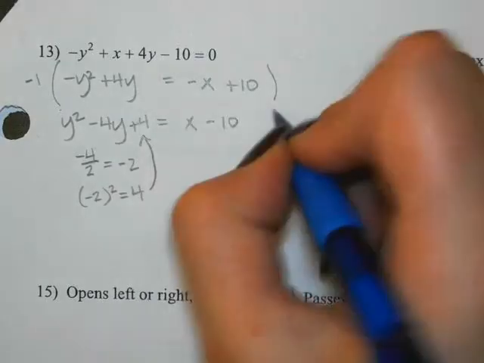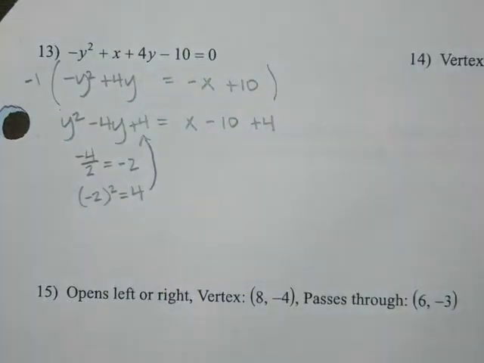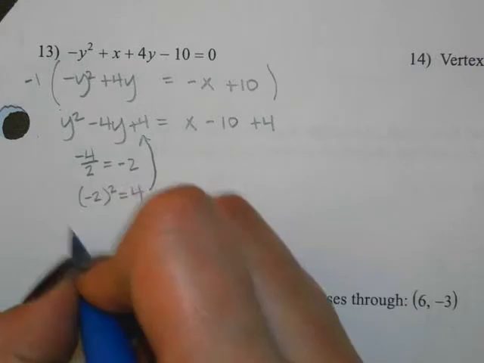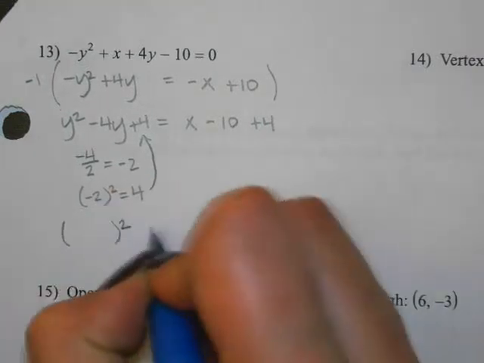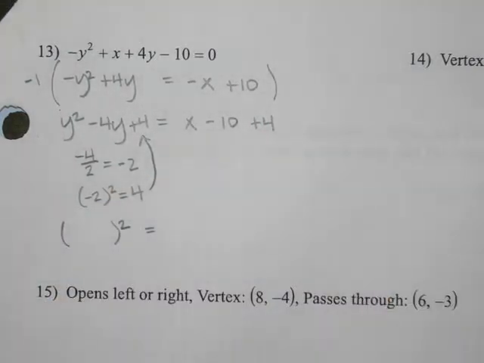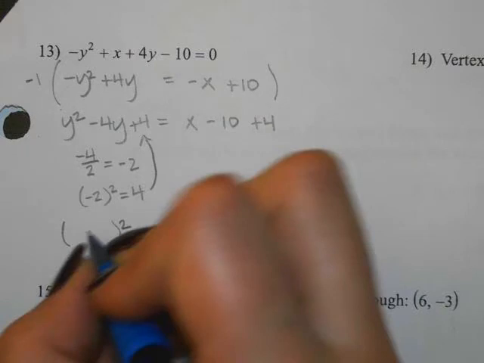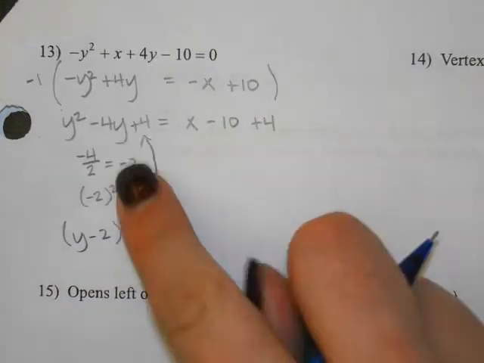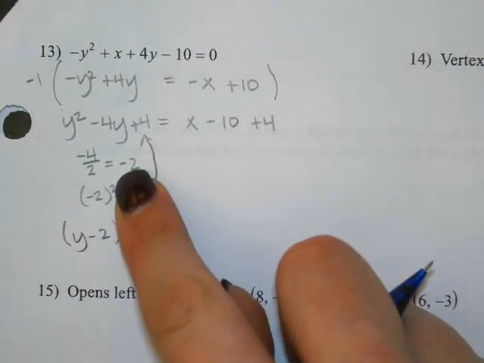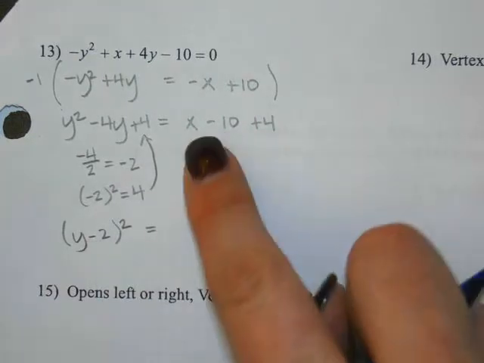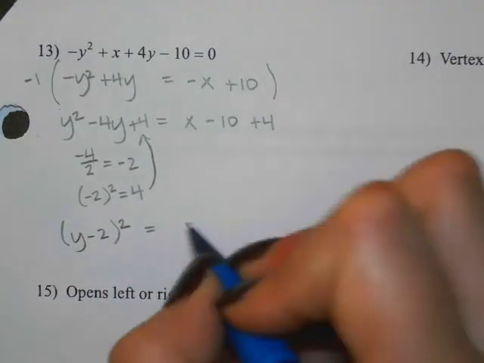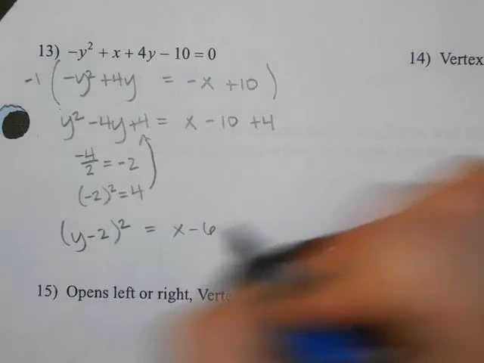And then I also have to add 4 to the right side of the equation to keep everything balanced. So now I've got something squared equals the other side. So what goes in my parentheses? y minus 2, so I always put whatever I got when I divided in half. y minus 2. And then on the right side I have x minus 6, okay?